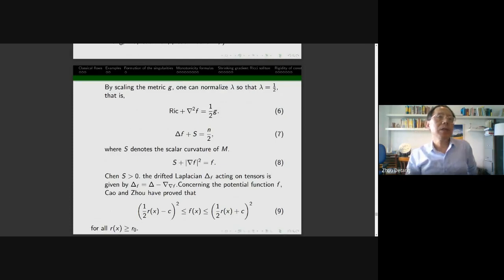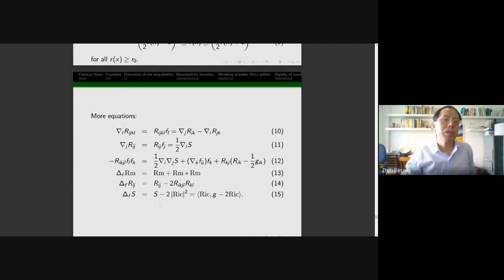So let me say a few words about the proof. In the proof, we will use some basic properties I mentioned before. We will need a list of formulas about the curvatures, which has been used by many people.